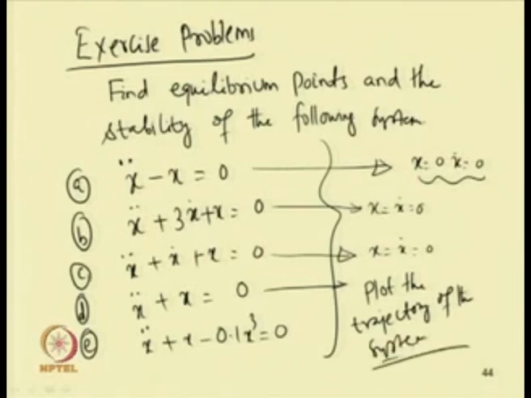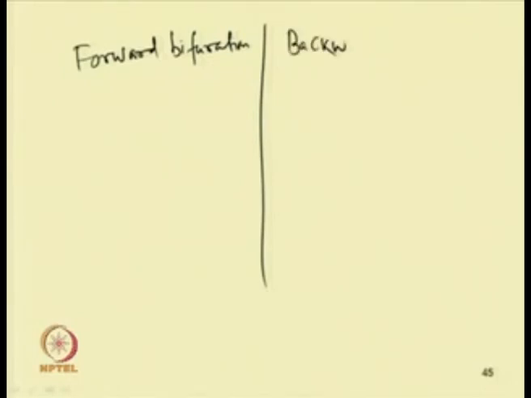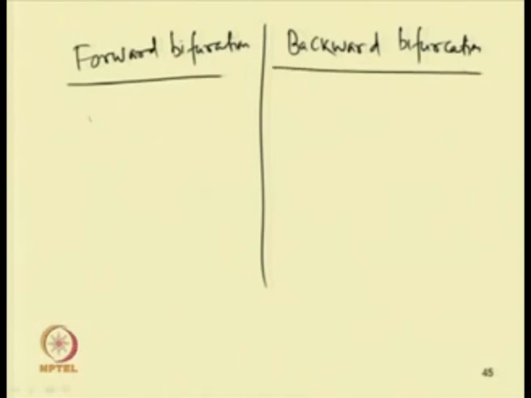Also, you can study the forward bifurcation and the backward bifurcation for different system parameters, which can be written in first order form: x dot equal to mu x minus x square, and x dot equal to mu x minus x cube.